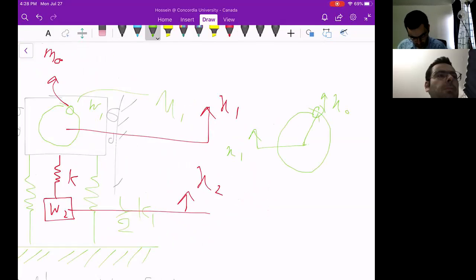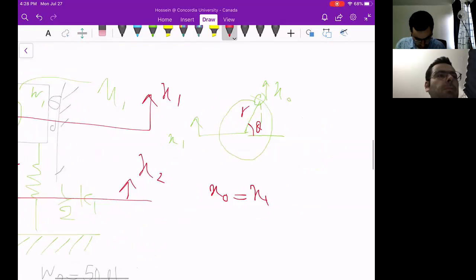If I call this radius r and this angle theta, I can write x naught is equal to x1 plus r sine of theta.